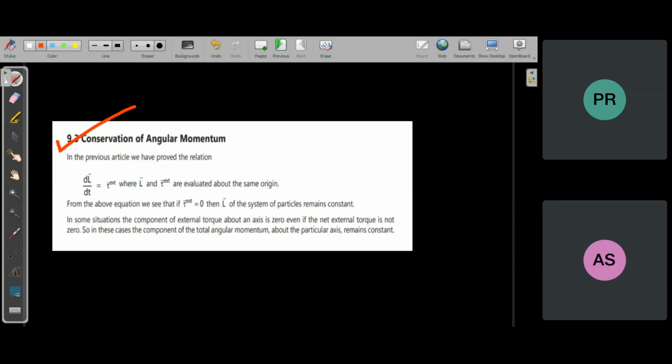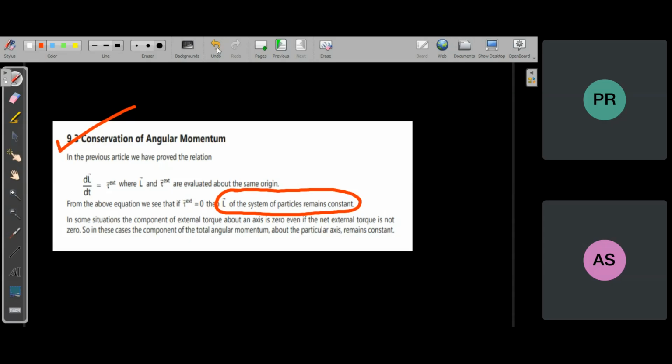But even if there is some external torque, angular momentum of a body may be conserved about some axis. For example, if there is external torque about the y-axis but no external torque about the x-axis, then the angular momentum of the system will remain constant about the x-axis.